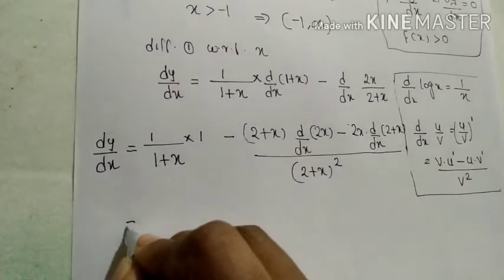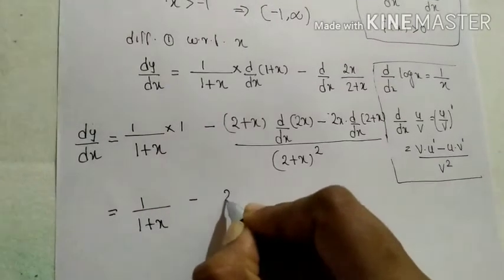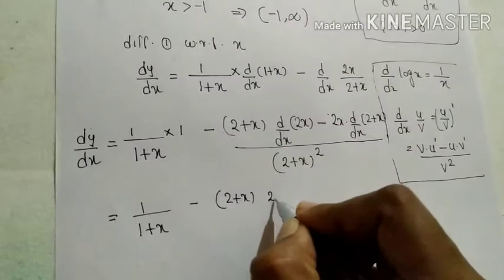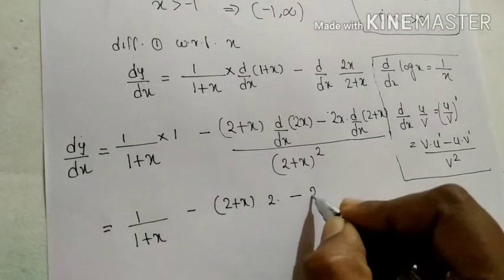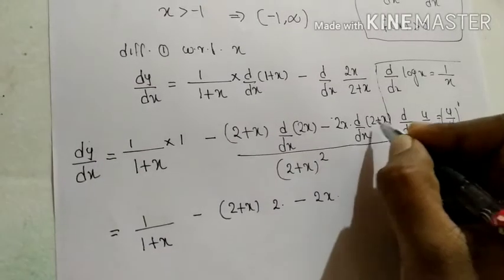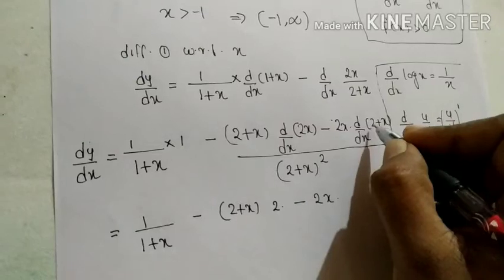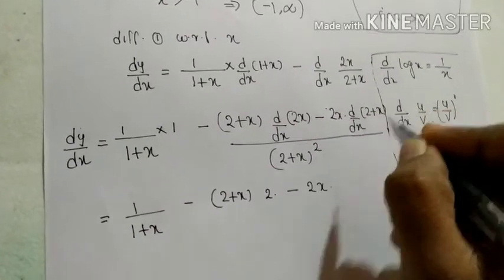Which will be equal to 1 divided by 1 plus x minus 2 plus x into the derivative of 2x. 2 is a constant and the derivative of x is 1, so 2, minus 2x into the derivative of 2 plus x. The derivative of 2 is a constant, so it is equal to 0 and the derivative of x is 1.